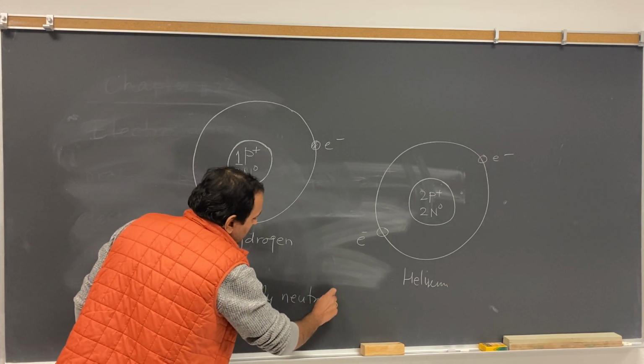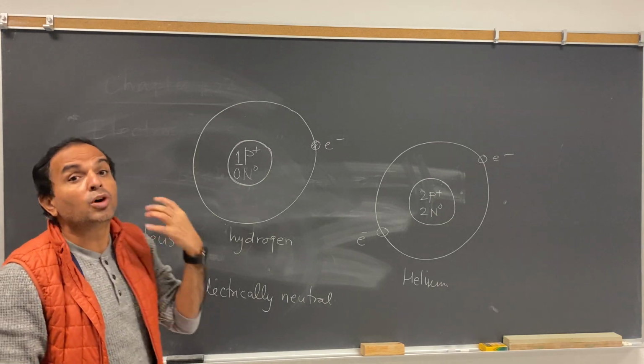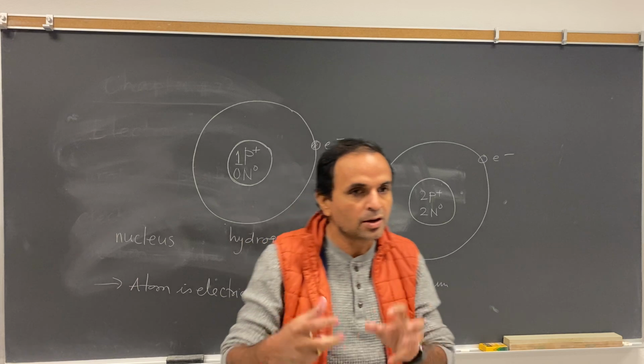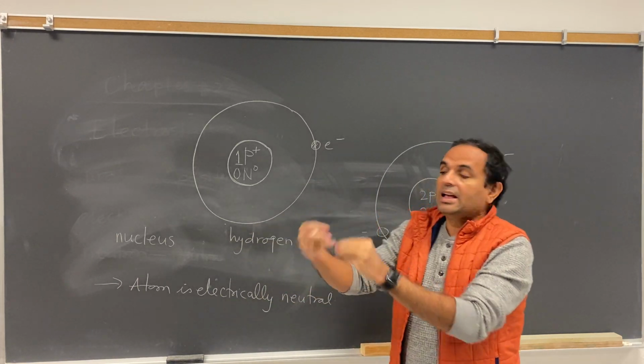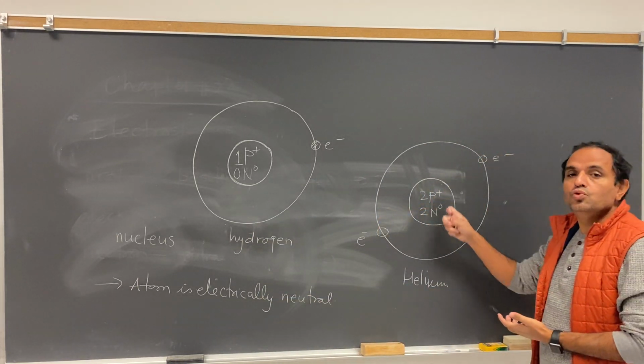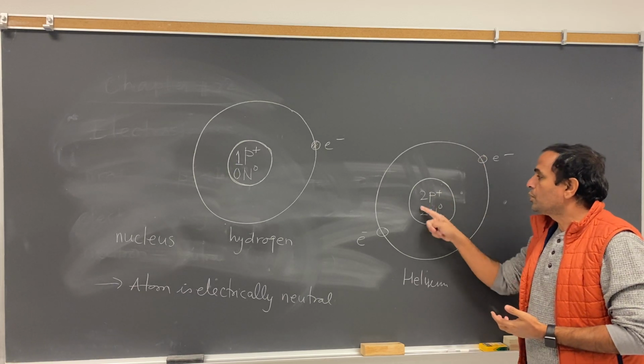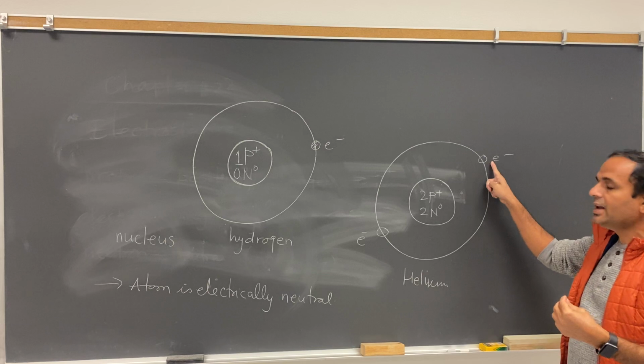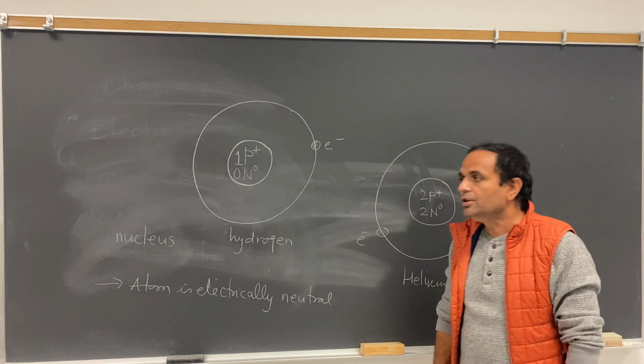What does this mean? The number of protons, which are positively charged, is equal to the number of electrons, which are negatively charged. In helium, 2 protons give 2 positive charges, and these are cancelled by the 2 negative charges of the electrons. That's why the atom is electrically neutral.